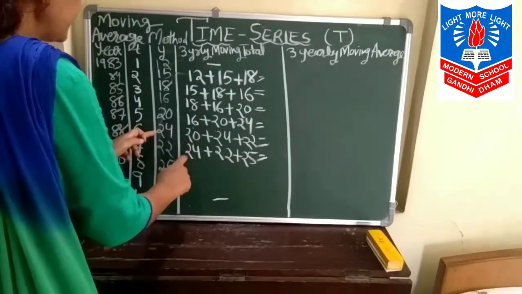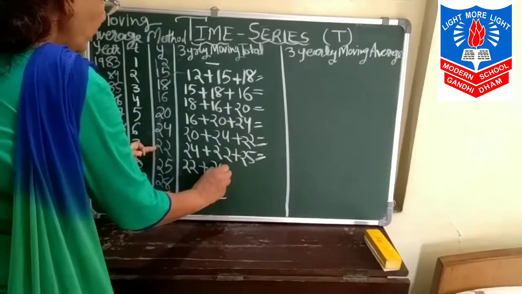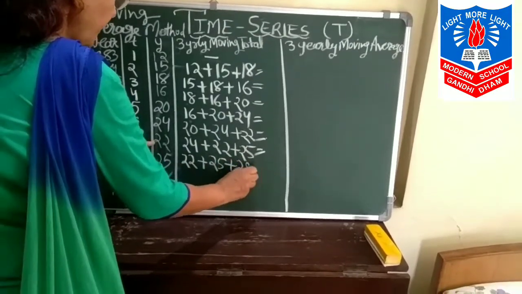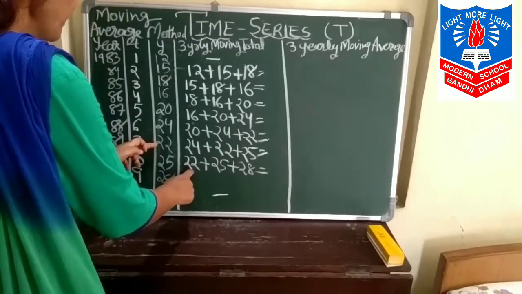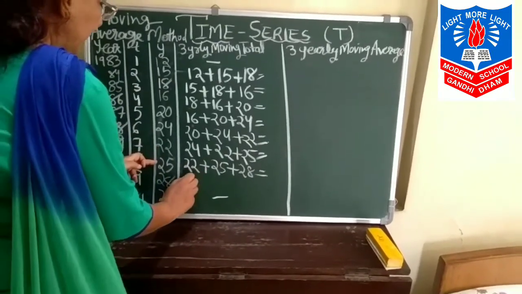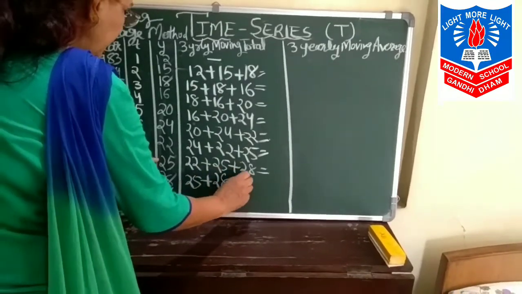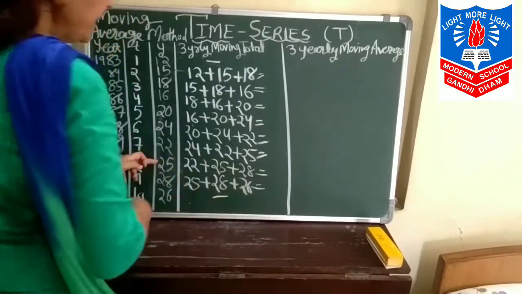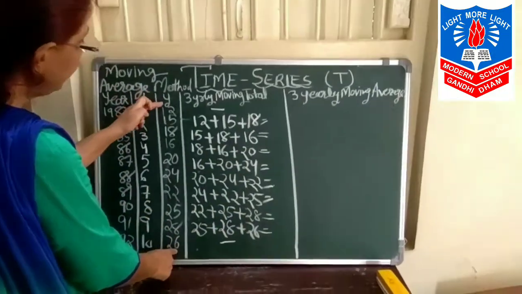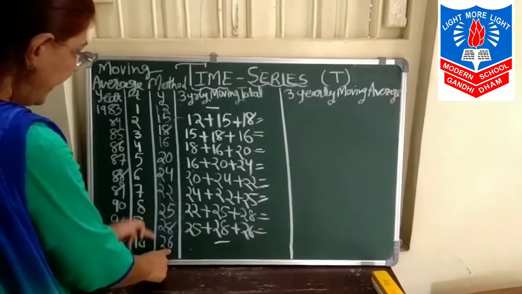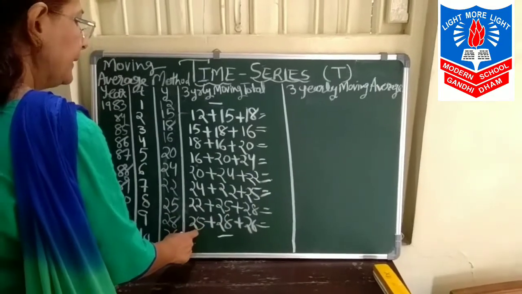Again, we skip 24 and start with 22, 25 and 28. Finally we skip 22 and last will be 25 plus 28 plus 26. So this way, the first number we started from is 12, and the last, 26, is also included in the second last.